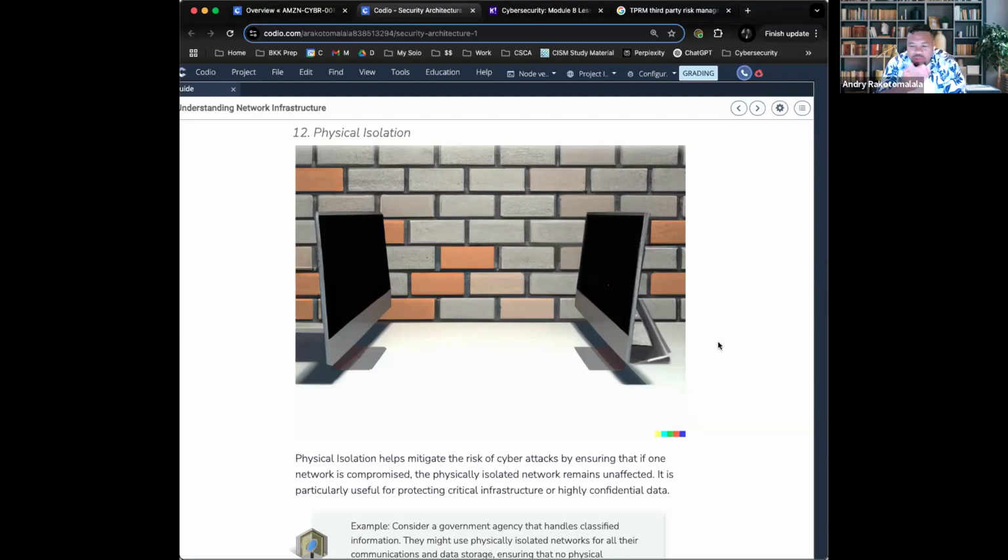What this does is reduce the risk of a leak happening, as well as reduce the ability of malware to spread. This is a form of segmentation in a sense, because you're segmenting each of these devices from each other, separated by air. Can multiple servers be physically isolated? Yes, multiple servers can be physically isolated.